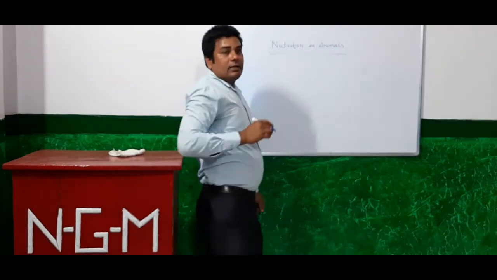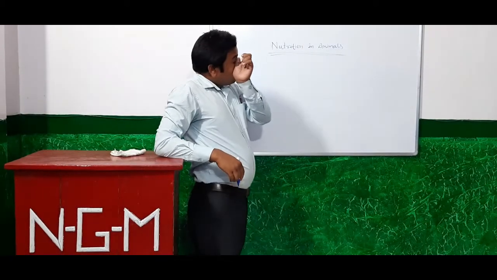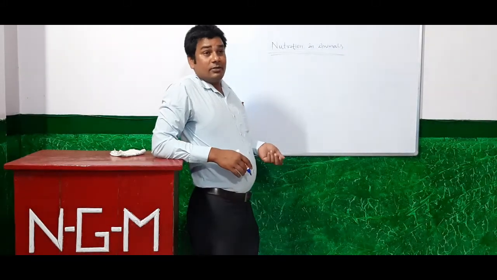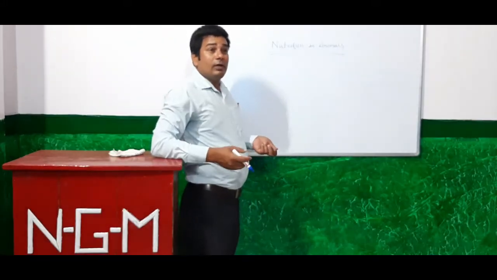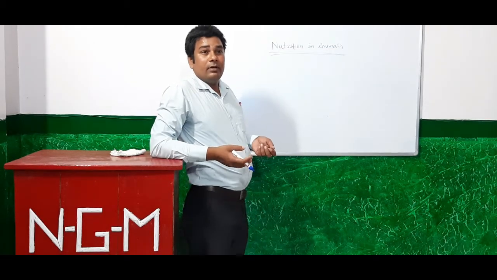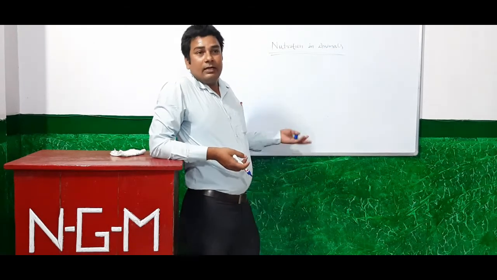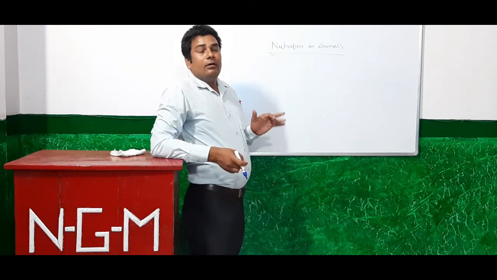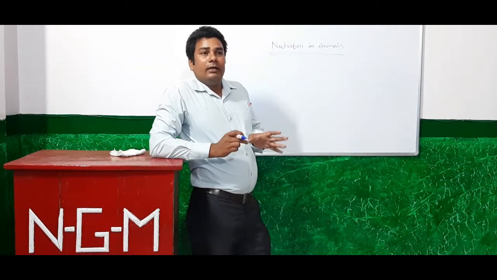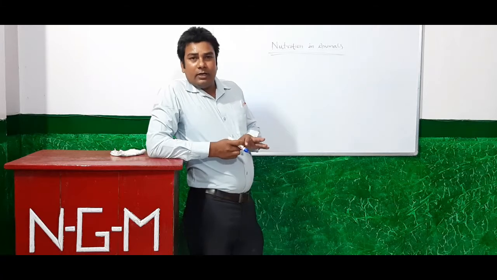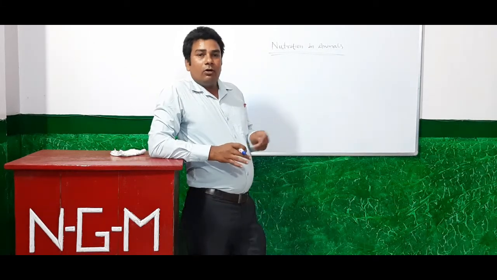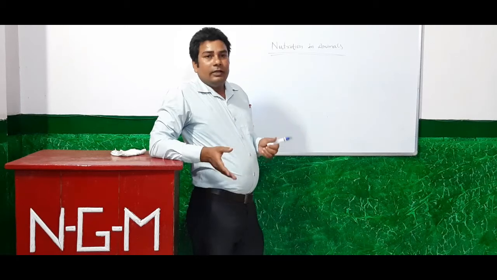In previous classes, you have already learned what nutrition is and what nutrients are. Nutrition is a process of getting food and utilizing its nutrients for several life processes. And what are nutrients? The important compounds of food like carbohydrates, proteins, fats, vitamins and minerals are nutrients which all organisms obtain from their food.